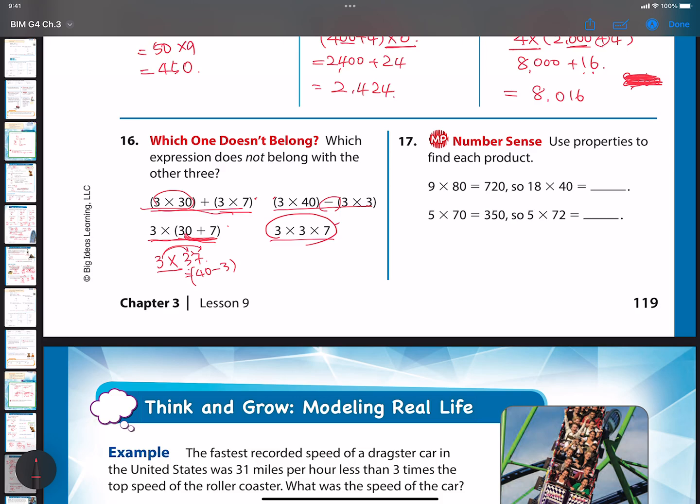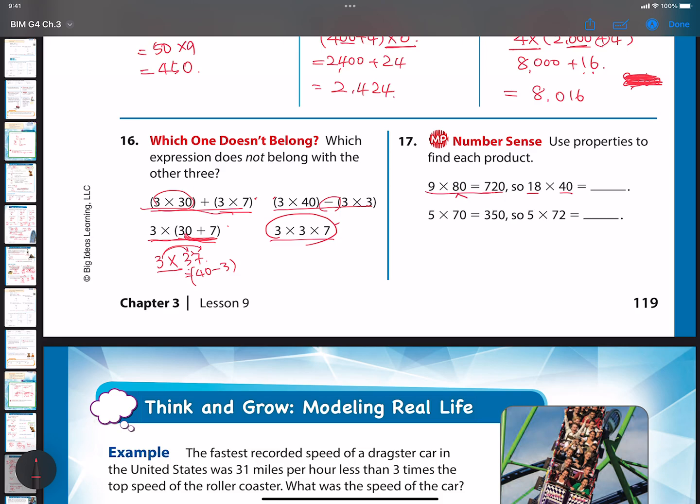All right, number 17, use properties to find each product. Okay, so 9 times 80 is equal to 720. So 18 times 40. Ooh, I know we can do long multiplication. You are going to learn in fourth grade. But since we don't know, we are going to take a look.